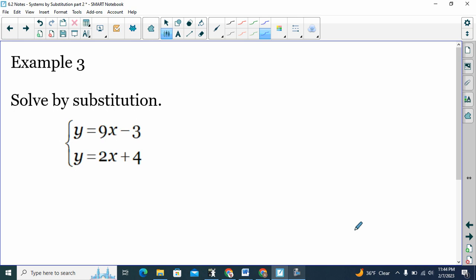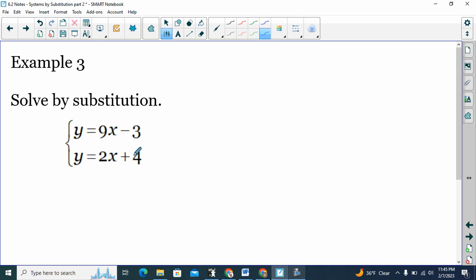Example 3, again, solved by substituting. Y equals 9x minus 3 and y equals 2x plus 4. Again, looks a little bit different. This one's a little different in that both of the equations say y equals. When this is the case, it does not matter which one we substitute.